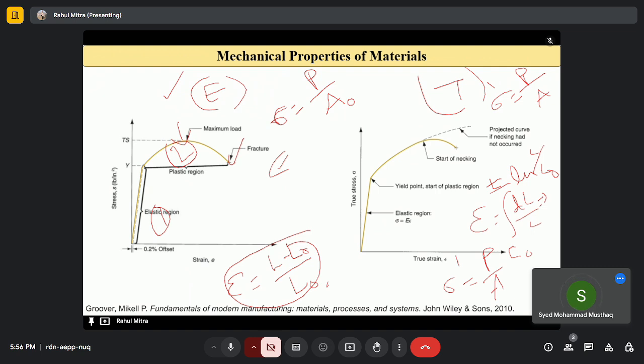So if I represent the true strain and the engineering strain, sigma, equals to sigma dash, will be equal to log of 1 plus the engineering strain. This is my relation.